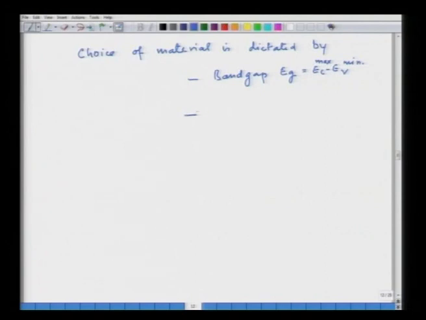The choice of material is also dictated by how electrical properties are dependent, the mobility, and most important for various devices, its availability.